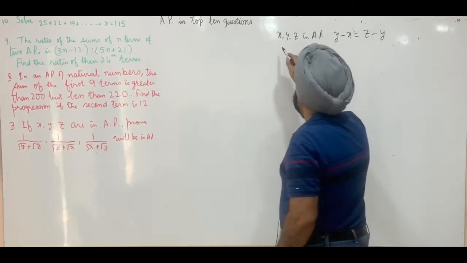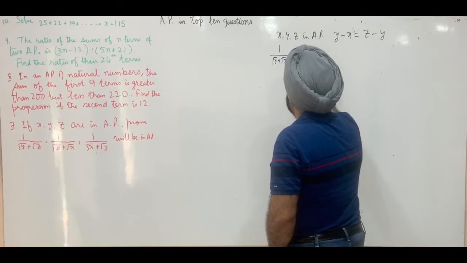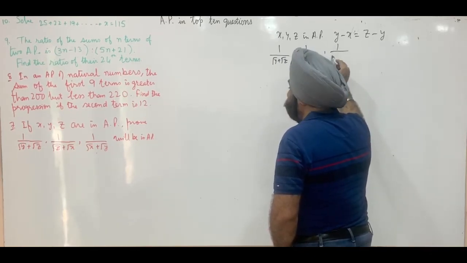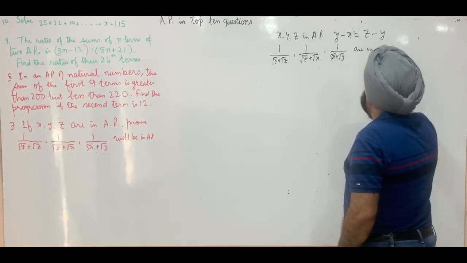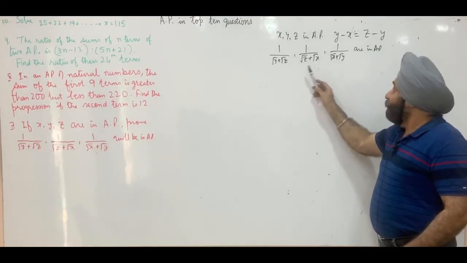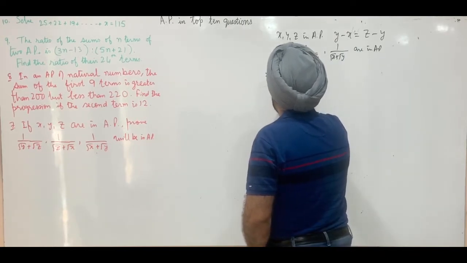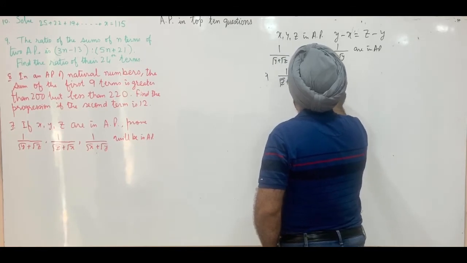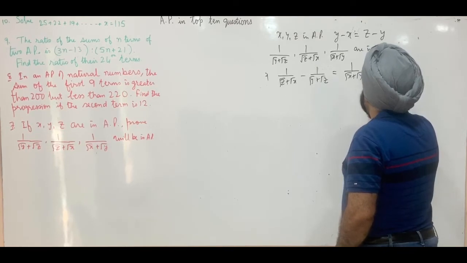Next, 1 upon root of y plus root of z, 1 upon root of z plus root of x, 1 upon root x plus root y. They are in AP if second minus first is equal to third minus second.